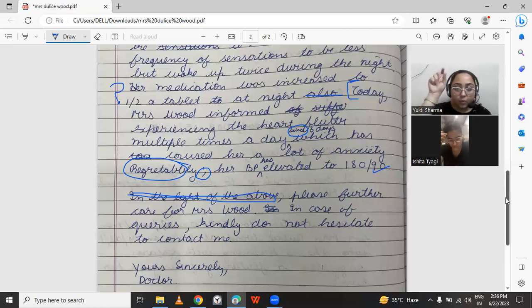Or in the intro I'm not specifying the appointment, and at the end I am specifying what date the patient wants the appointment, what is suitable for the patient, and then I can say the closing statement, or I can simply end it saying, please book an appointment for her on so and so date at 8 a.m. for further examination and management, or kindly assess, examine, and treat the patient, Mrs. Wood.